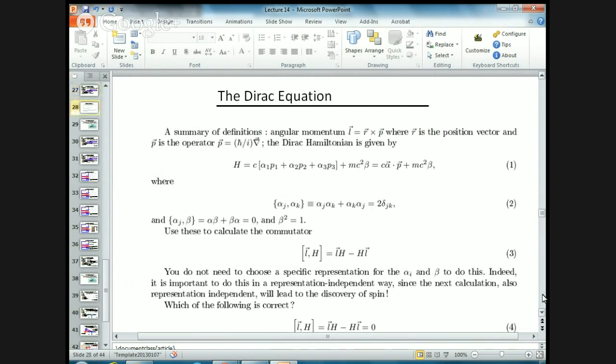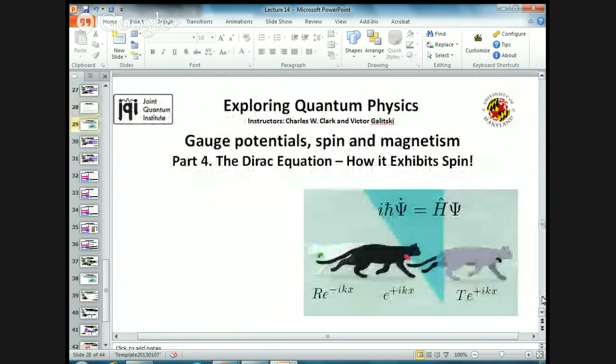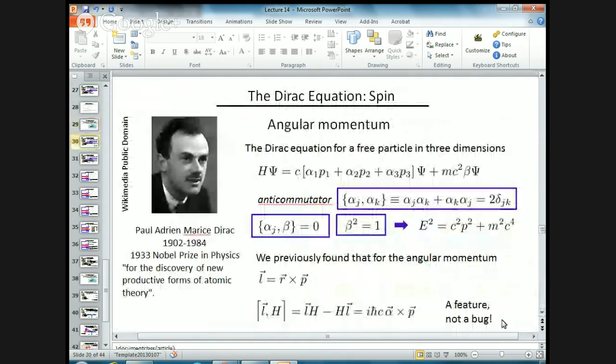I think the inline quiz says that. Okay, I'm going to very briefly go to the next thing, because here is the commutator of the angular momentum with the Hamiltonian. It's not zero. This turns out to be a feature rather than a bug.